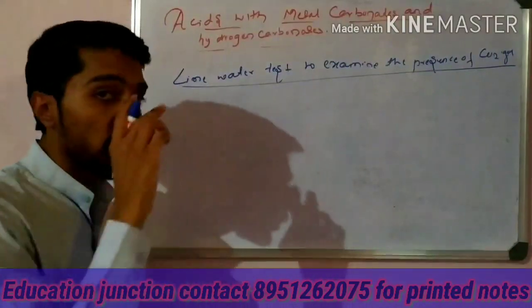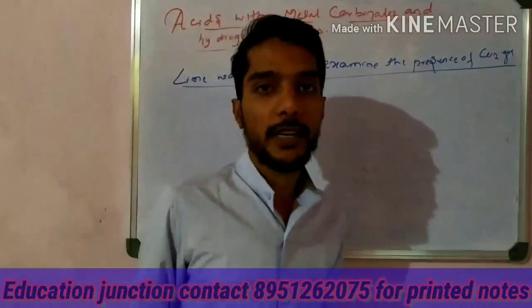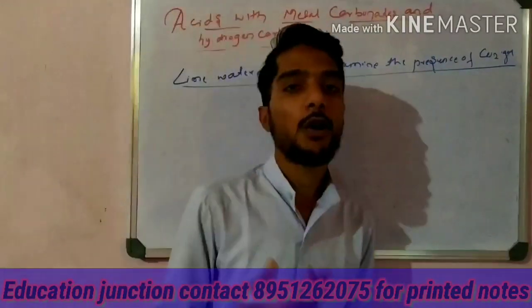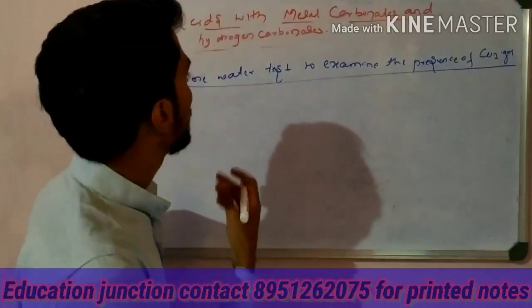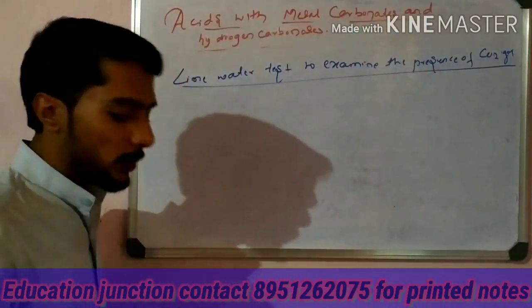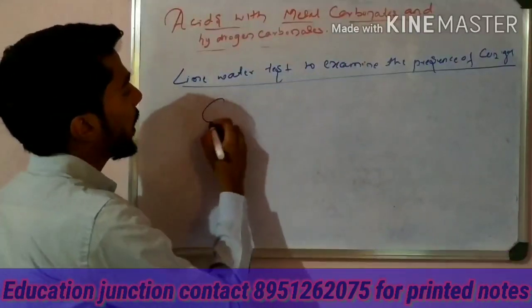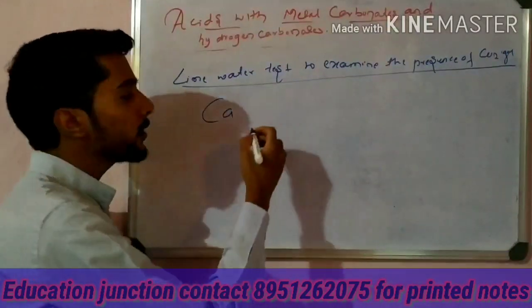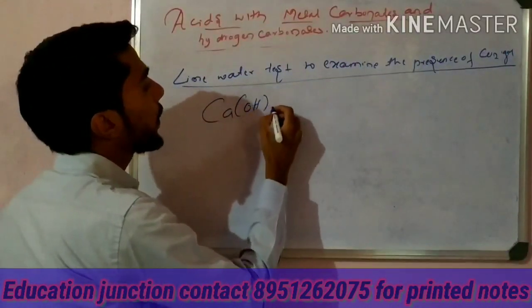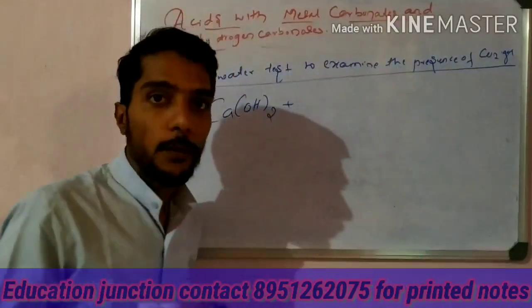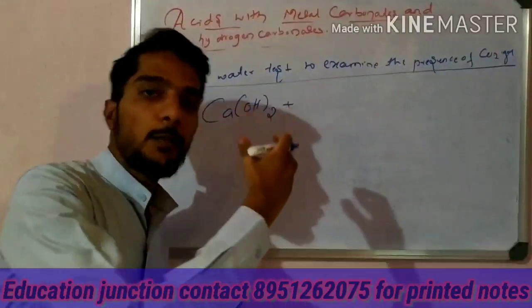That is the lime water. We know what is lime? Calcium oxide, right? Quick lime. In the first chapter, we have taken lime or quick lime. Lime water means calcium hydroxide. Lime means calcium oxide, so lime water means calcium hydroxide. So take calcium hydroxide and pass the gas, which is carbon dioxide, through this compound.